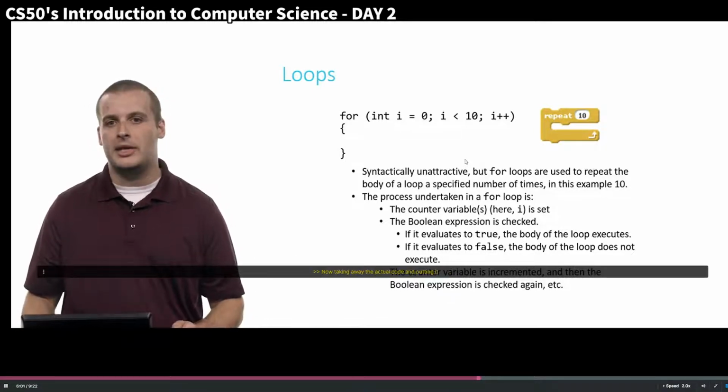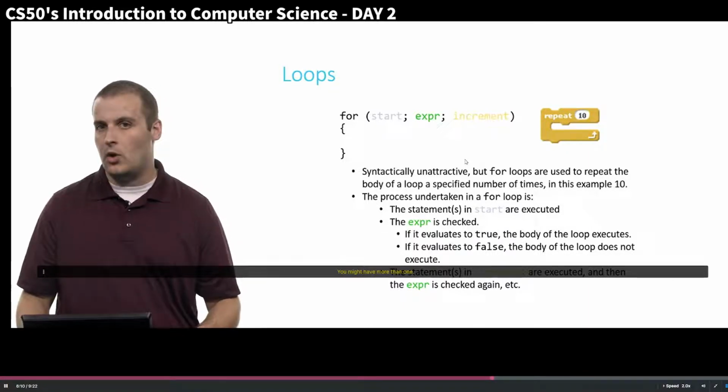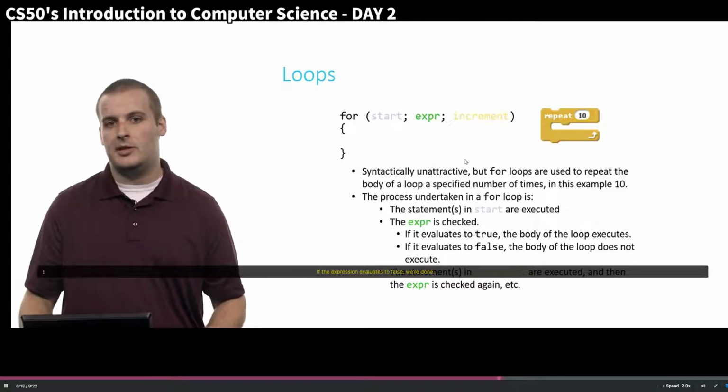Now, taking away the actual code and putting it in just some basic general statements, here's what happens. All of the statements in start are executed first. You might have more than one. Then the Boolean expression is checked. If the expression evaluates to true, execute the body of the loop one time. If the expression evaluates to false, we're done.